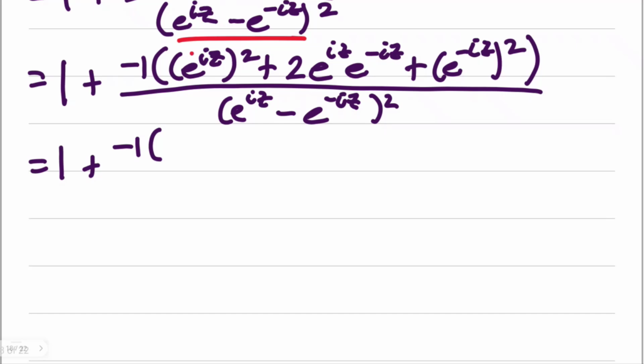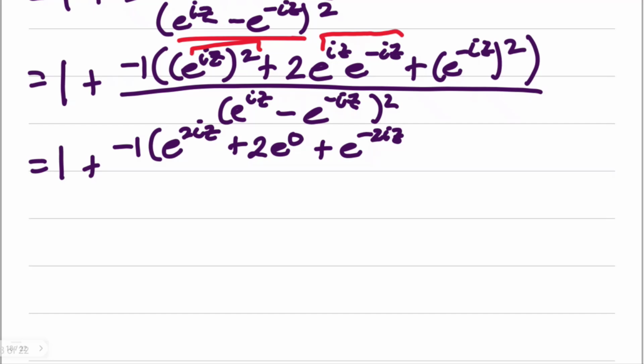Take note of this, by power law, that's actually equivalent to e to the power of 2iz. For our second term, we have here the multiplication law, same bases, add exponents. So you have 2 e to the power of 0, because that's iz minus iz. Then you have here plus e to the power of negative 2iz, similar to our first term. You have here the power law. Okay, all over the same denominator.